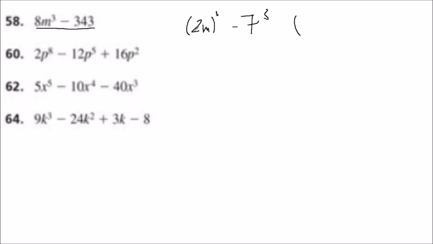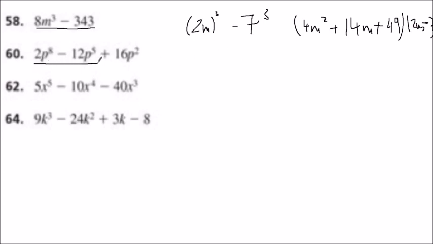So the first number squared, plus the first number times the second number, so 14m, and then the last number squared, so 49, and then we want to multiply that by 2m minus 7. Yeah, 2m minus 7.